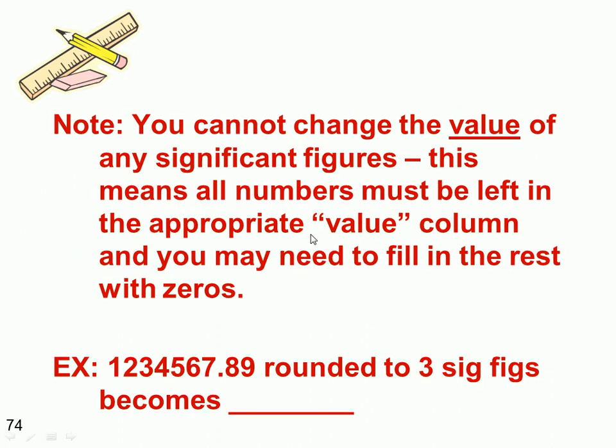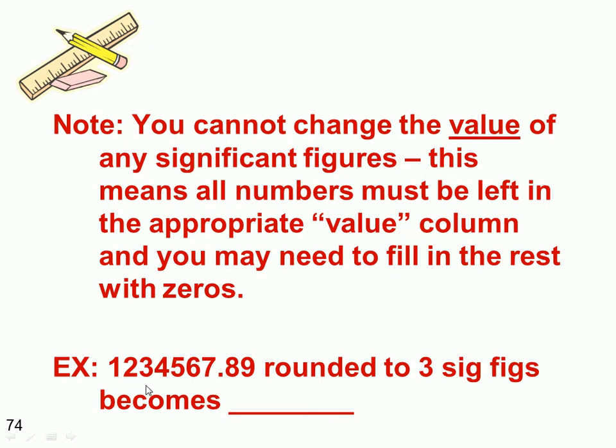You cannot change the value of any significant figure. Sometimes what people do, for an example like this, 1,234,567.89, if I asked you to round it to 3 sig figs, you might think about writing 1, 2, 3, and that's your final answer.